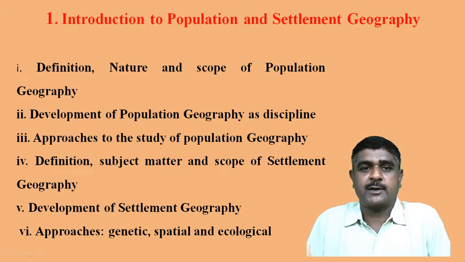In this subtopic, we will see the meaning of population geography, its definition, how the scope of population geography is recently increasing, as well as how population geography has its interrelationship with a number of multidisciplinary subjects.